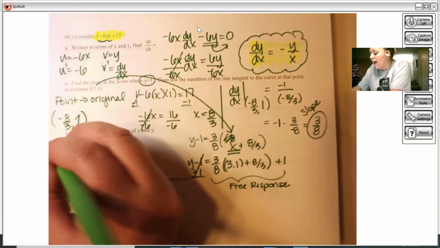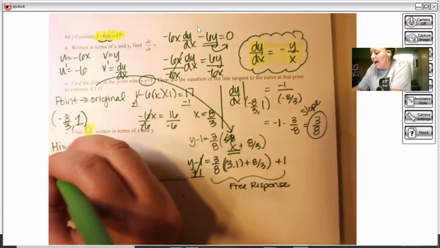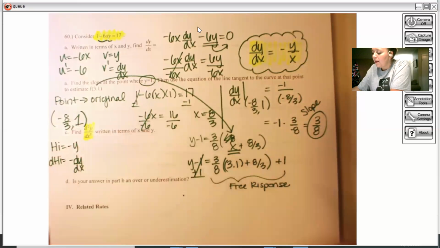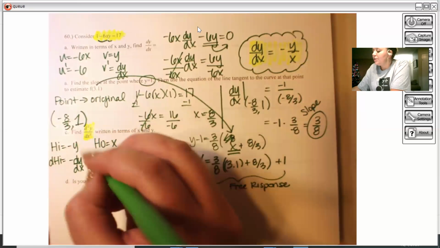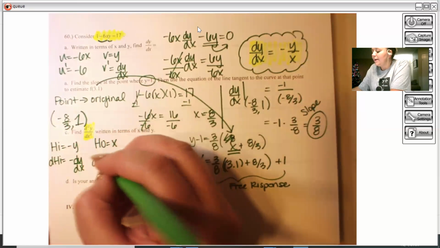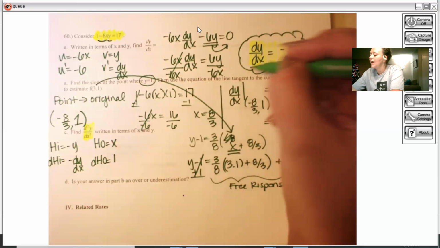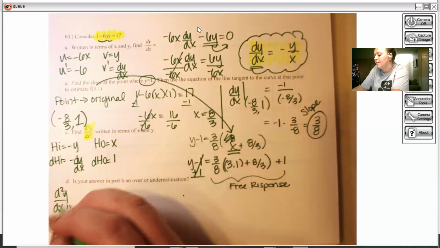Okay, so the high is going to be negative y, which means that d high is going to be negative dy dx. Ho in the equation is the x, which means that d ho is going to be the derivative of x, which is 1. So if I'm looking for my second derivative, the derivative of dy dx is going to be d squared y dx squared.